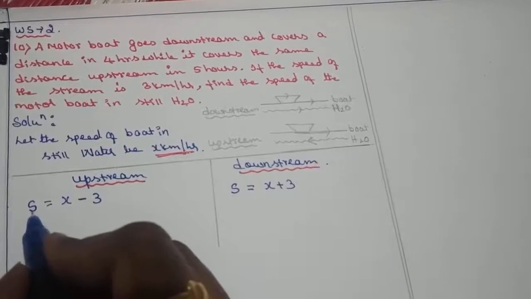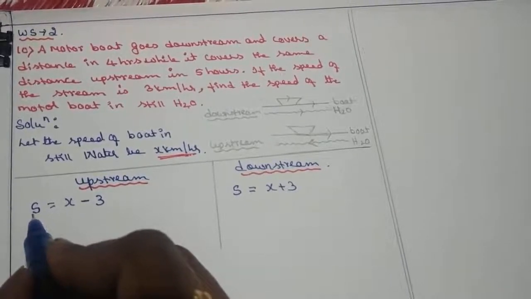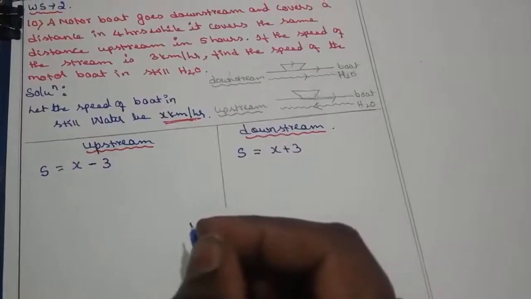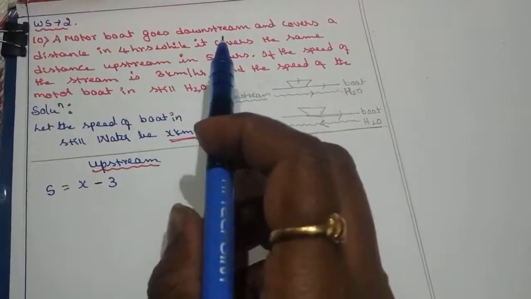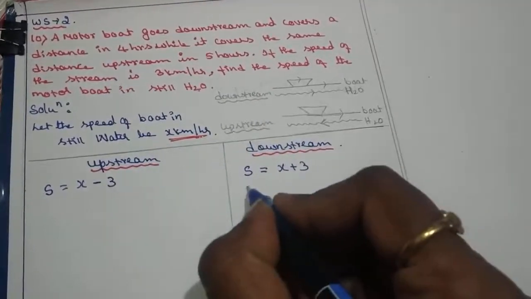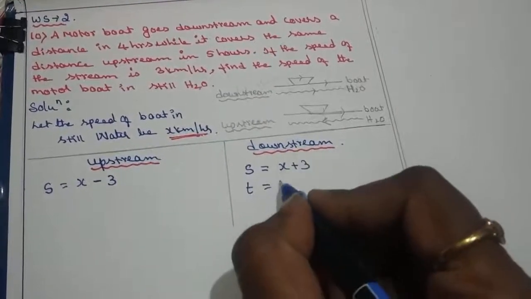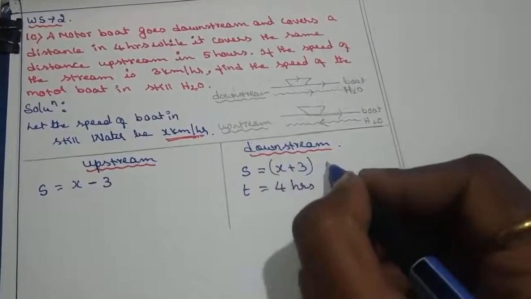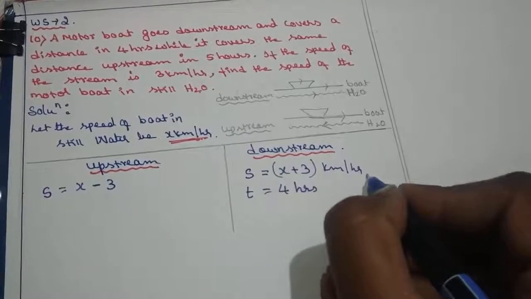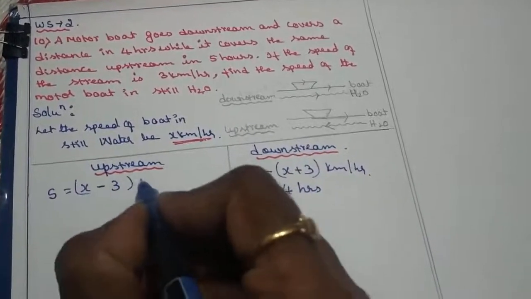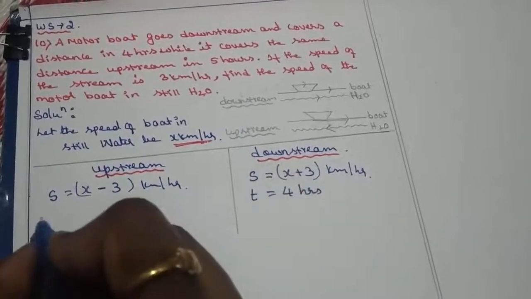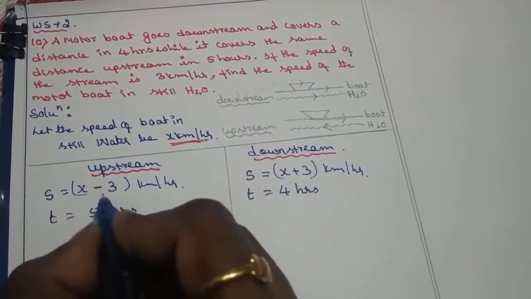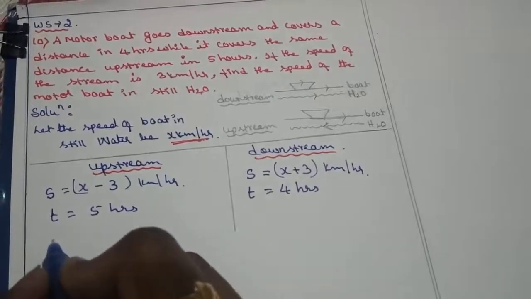S stands for the speed of the motorboat in downstream and also in upstream. And the time taken flowing downstream is 4 hours. So in the downstream we need to write the time taken as 4 hours. And the time taken in the upstream is 5 hours. As we know, if speed decreases, time increases.